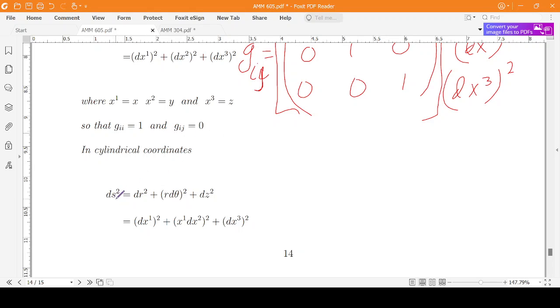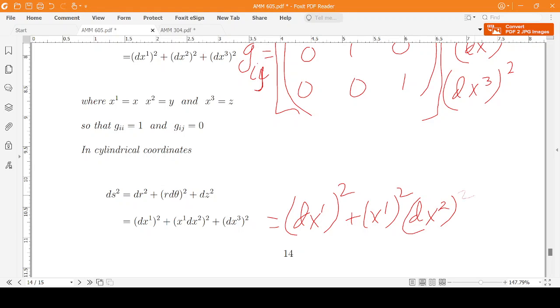So that dl squared will be dr squared plus r d theta squared plus dz squared. And if we want to generalize this so that we represent r by x1, theta by x2, and z by x3, then we write dx1 squared plus x1 squared dx2 squared plus dx3 squared.